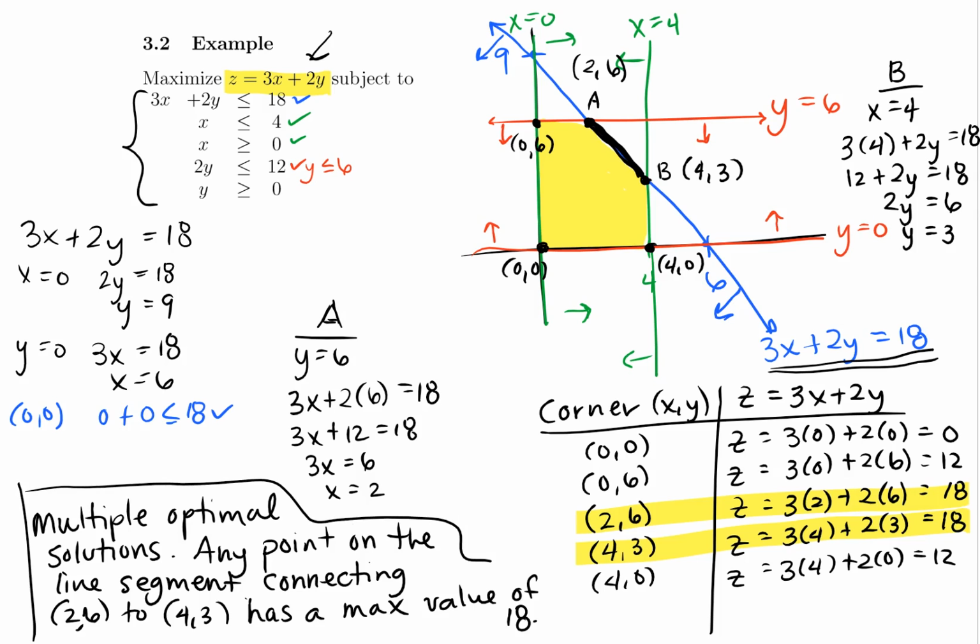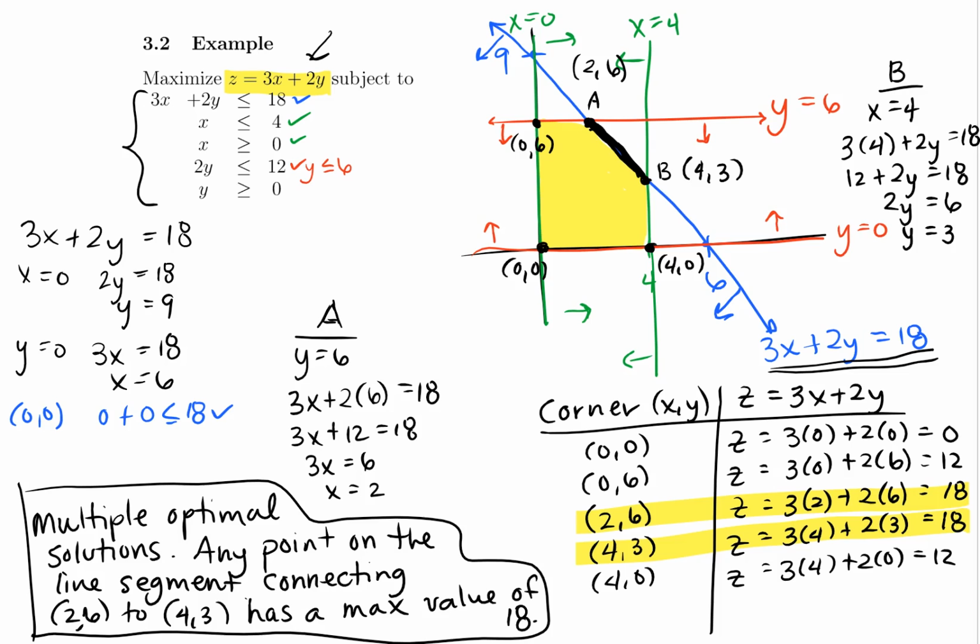So the maximum value that the objective function ever attains is 18, but instead of occurring at only one point, it occurs at every point that's on that line segment. And so you want to make that clear in your solution. So there are multiple optimal solutions.